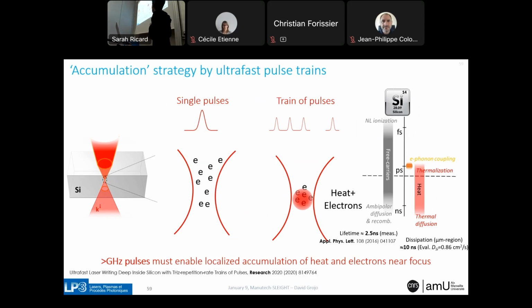And if you look at the time you need to dissipate heat from a microscale volume in silicon, with simple considerations you find also that the nanosecond time scale is relevant. So this means that if I can create a train of pulses with a repetition rate of more than a gigahertz, so less than 1 nanosecond between pulses, then I should be able to very efficiently accumulate heat and carriers at the focus, and hopefully get a modification.